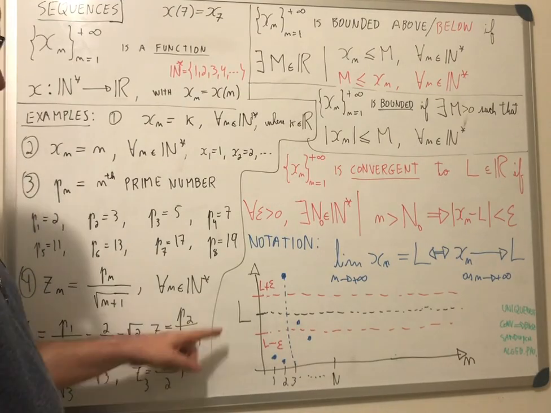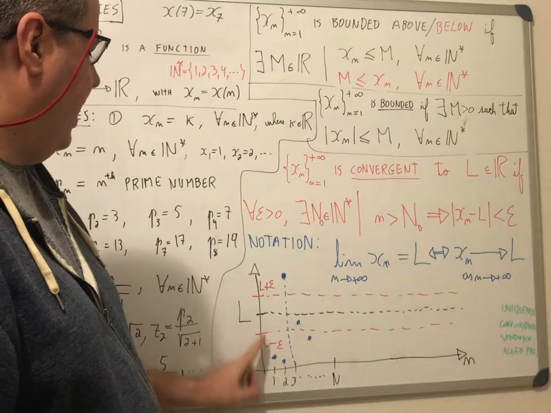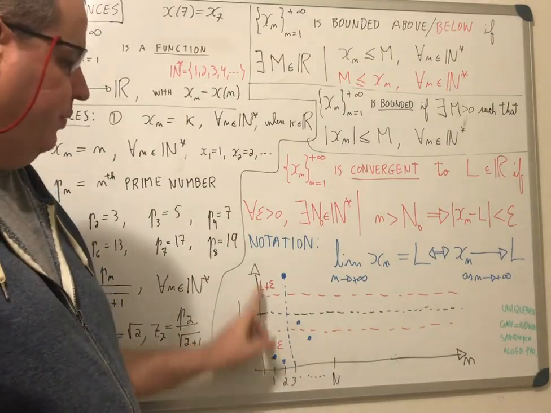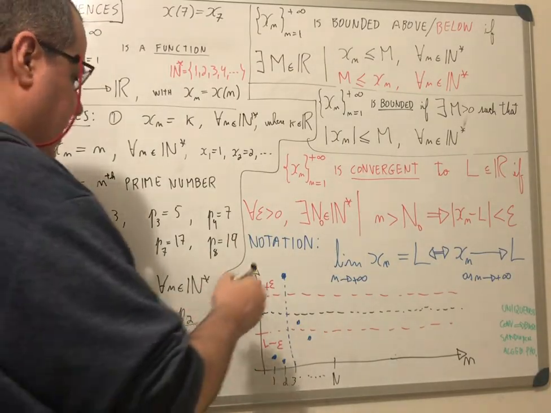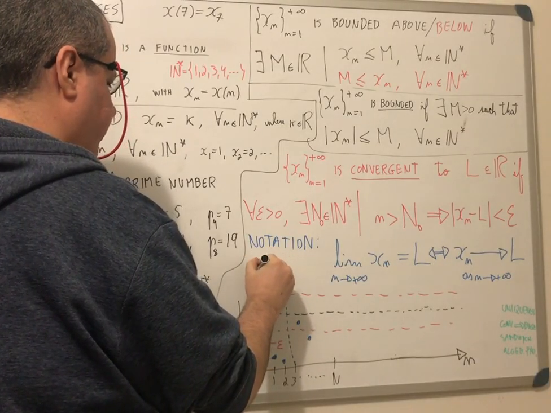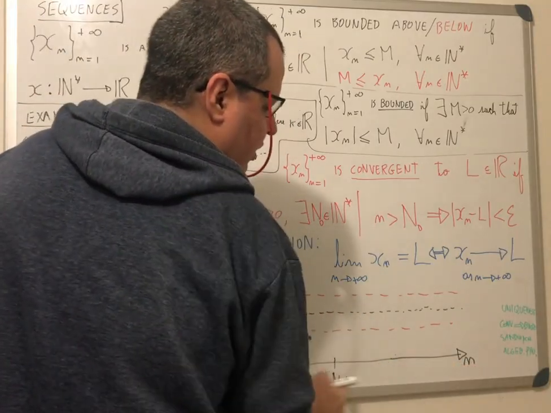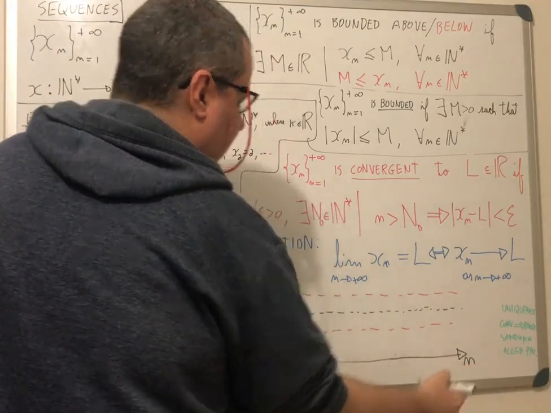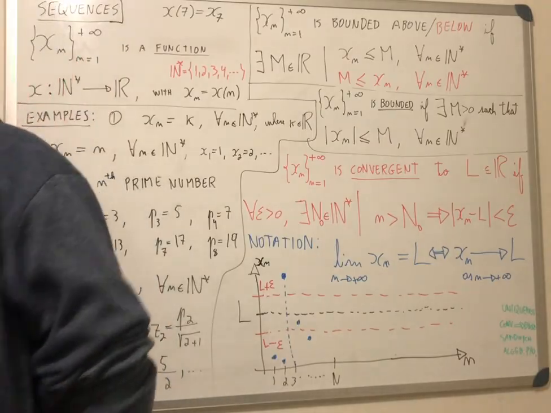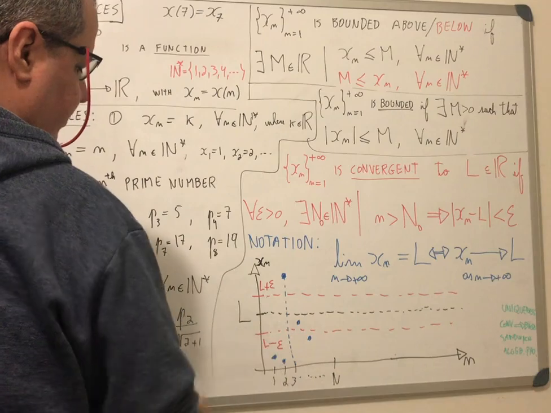Suppose I want to show that L is the limit of my sequence, and I'm going to plot the values of the sequence on the vertical, the xn axis. I plot xn as a function of n. On the horizontal, I have the index. So x1 is this height here.